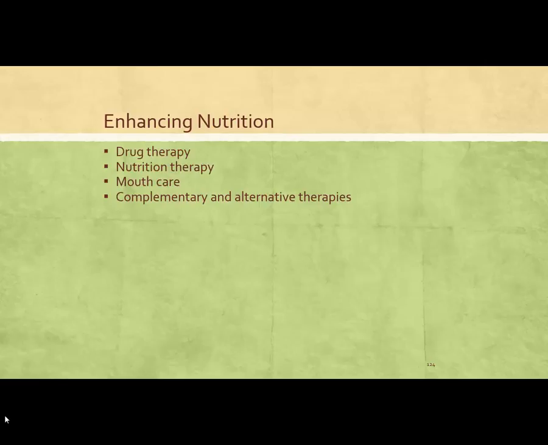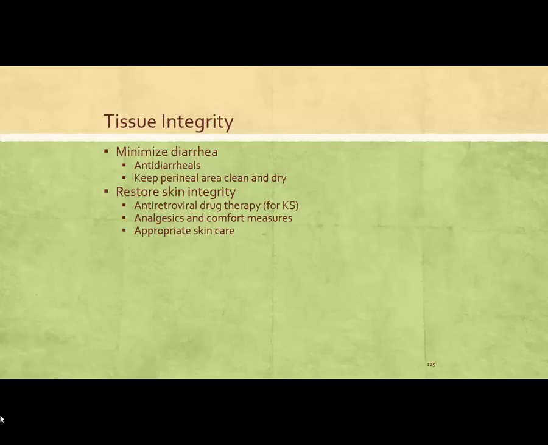Enhancing nutrition. Nutrition will be an important aspect of this, so consider intake and output, daily weights, utilization of good oral cares every couple of hours to prevent their mucous membranes from breaking down. And the one drug that I did mention was Megace that can help increase their appetites.